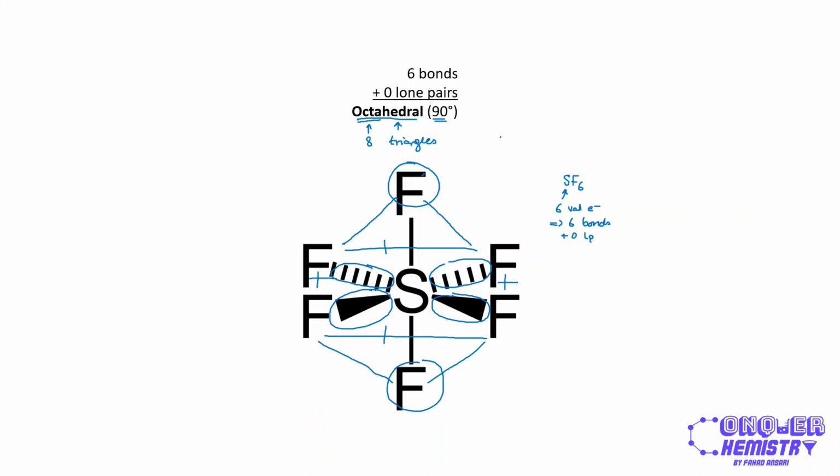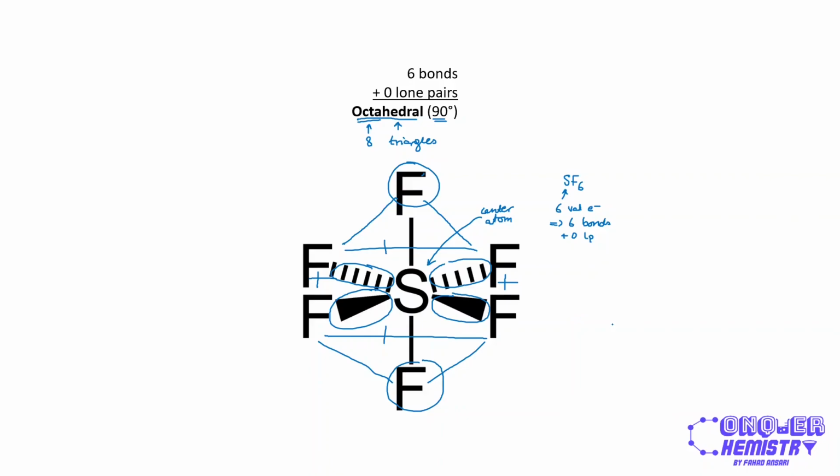So these are the shapes of molecules that are part of the AS level chemistry syllabus, and you just need to realize the patterns between the number of bonds and the number of lone pairs surrounding the center atom. Remember, the center atom is the atom that basically is bonded to more than 1 atom. It's bonded to at least 2 atoms in the molecule, right?